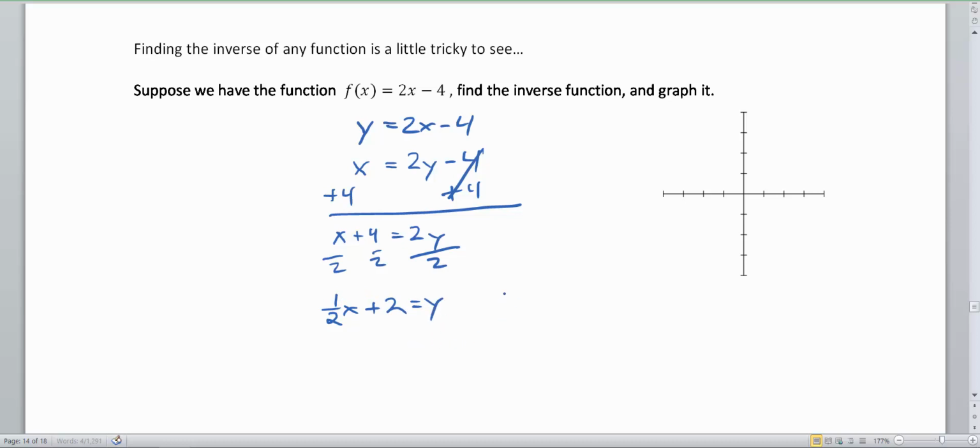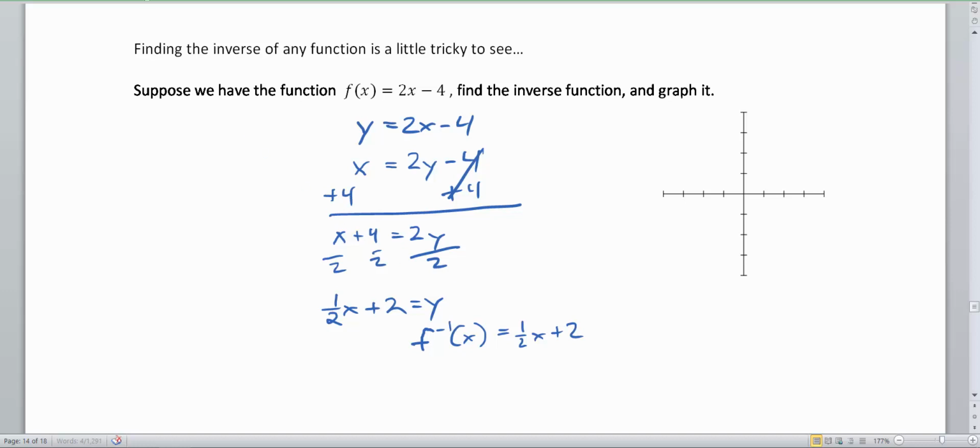So this is my equation. And instead of writing it as y, I can write it as the inverse of x. So these two things are the same because this y equals equation is the inverse of my original f of x. So my inverse equation is 1/2 x plus 2.